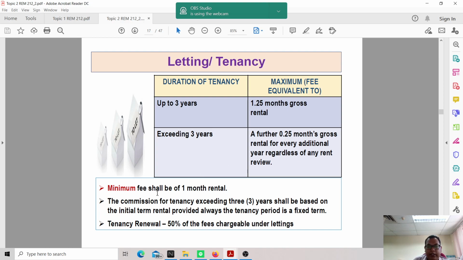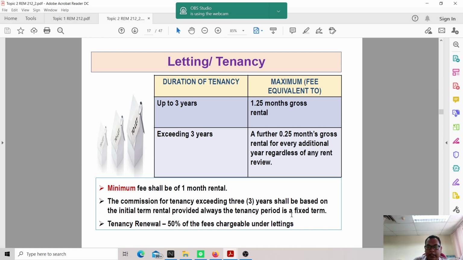So the minimum fee shall be at least 1 month's rental. So if you rent out at 1,000 ringgit per month, then your fee is 1,000 ringgit. Okay. So commission for tenancy exceeding 3 years shall be based on the initial term rental provided.